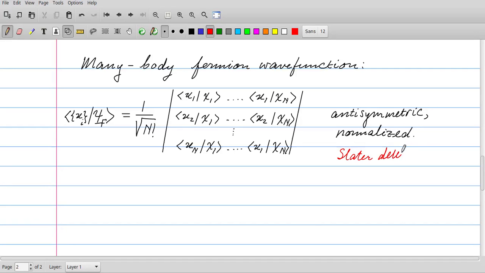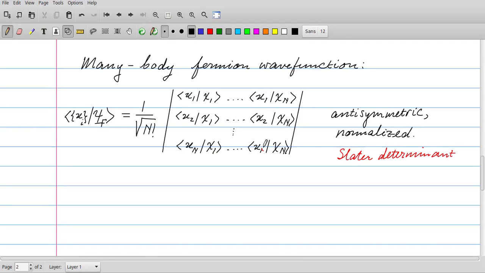The Slater determinant. So what we do is we take first a factor of 1 over the square root of n factorial, and that's just for normalization, and then we take particle 1 in state 1 up to particle 1 in state n, here particle 2 in state 1, particle 2 in state n, and so on until we have particle n in state 1 up to particle n in state n.